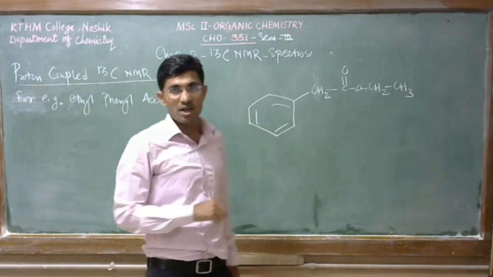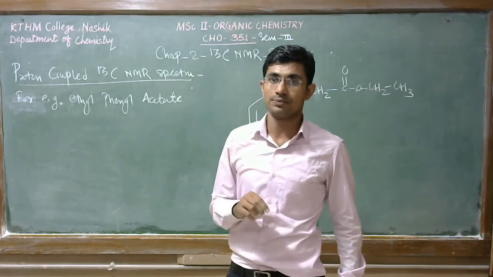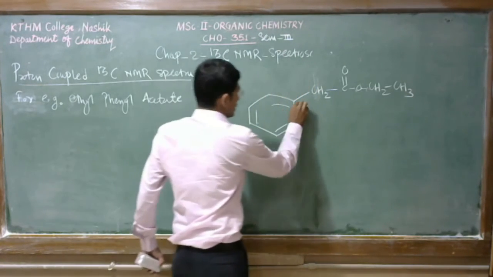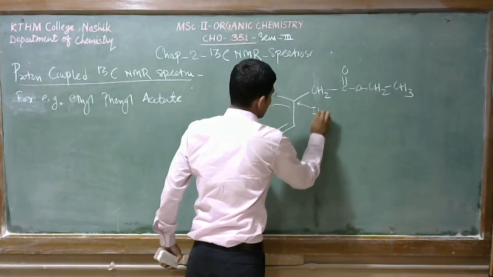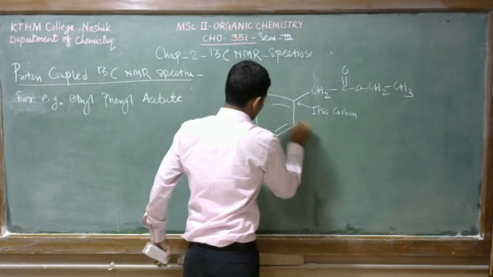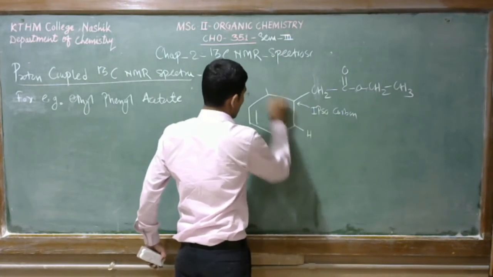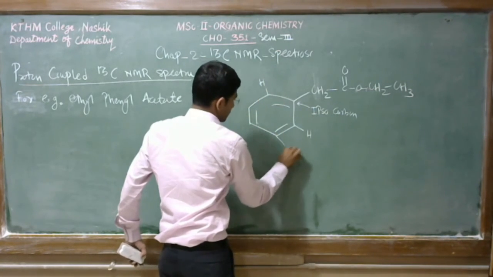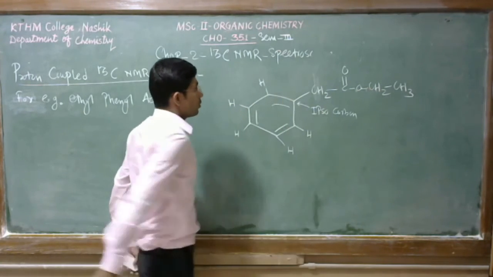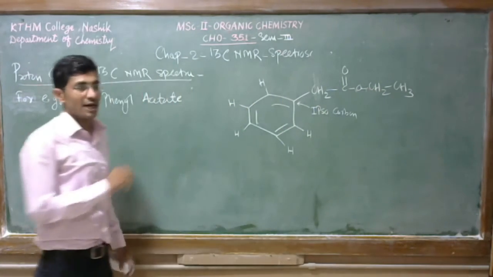So if you consider the 13C NMR spectrum of this ethyl phenyl acetate, this is the ipso carbon, this is the ortho carbons, this is the meta carbons, and this is the para carbons.